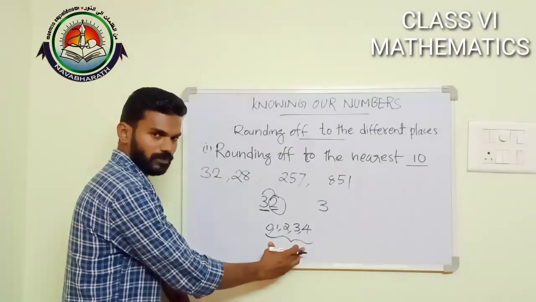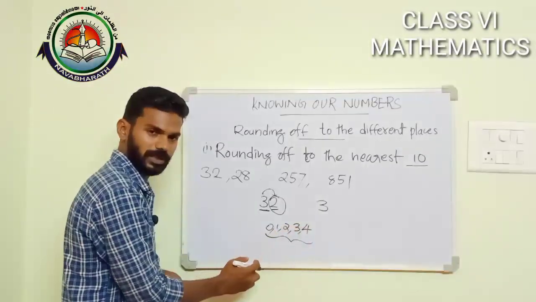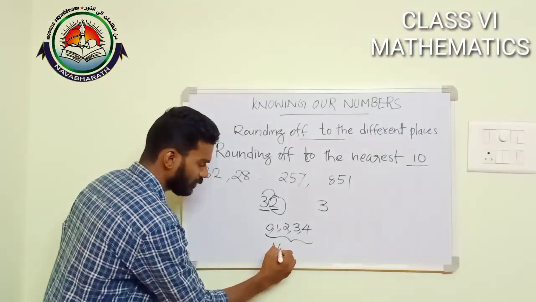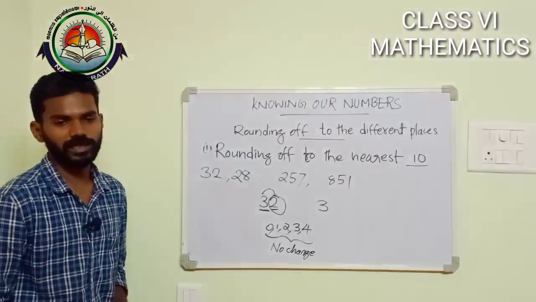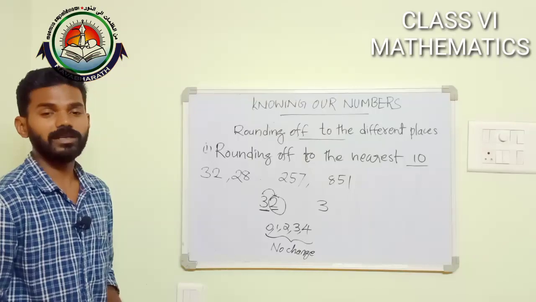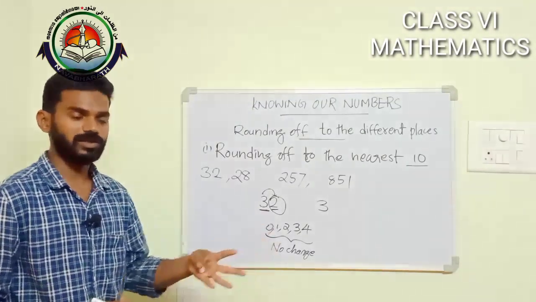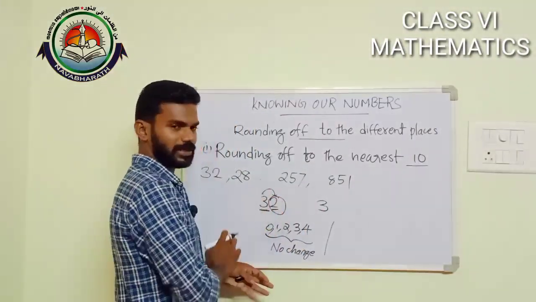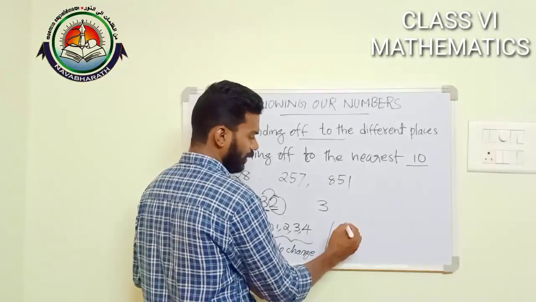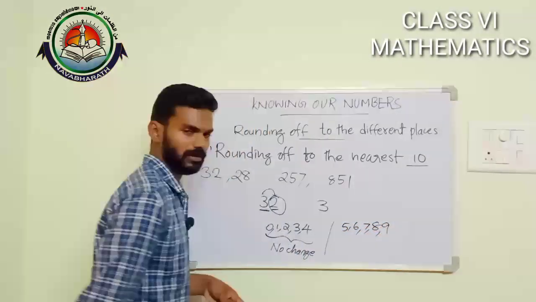And if the numbers are any of these, then there is no change. No change. Then when would you want to change the digit? You want to change the digit if the next digit is 5, 6, 7, 8 or 9.